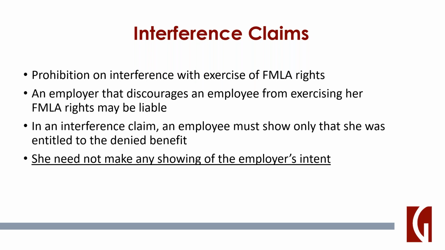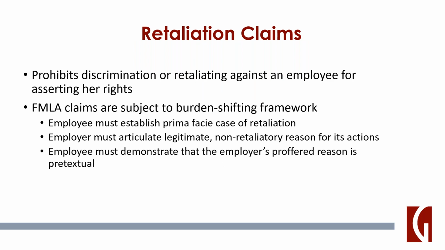Really, in these types of claims, what we're looking for is is there some sort of conduct that's going on here in the workplace that is going to discourage or chill not only this employee's desire to take FMLA leave, but is it going to have an effect on other employees in the workplace too? Are they going to fear that they might experience some sort of retaliation or reprisal for taking that FMLA leave, which then brings us to the other type of claim.